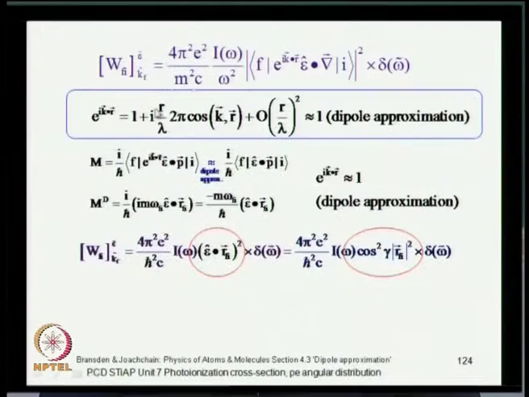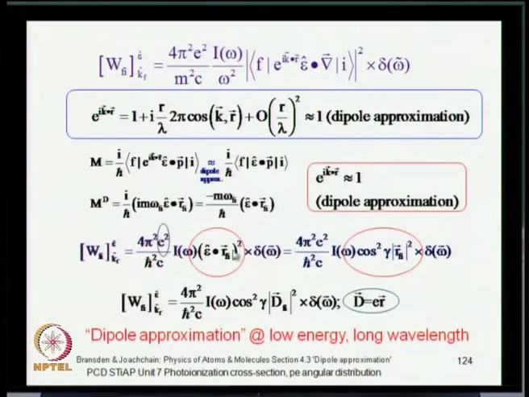What you have in this rate expression is the modulus square. So, you get a cos square gamma term here and then the square of the modulus of the matrix element of the position operator, and together with this e square and this square of the matrix element of the position operator, you have got the matrix element of the dipole operator, which is why e to the i k dot r equal to 1 is referred to as the dipole approximation, because it is only when e to the i k dot r is set equal to 1 that you can develop the rest of the steps.